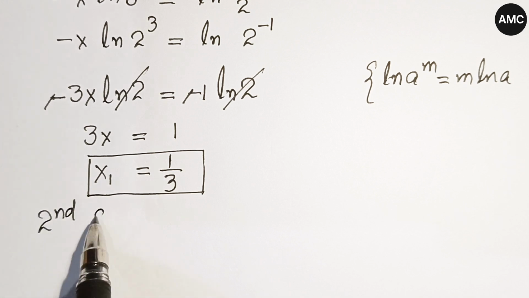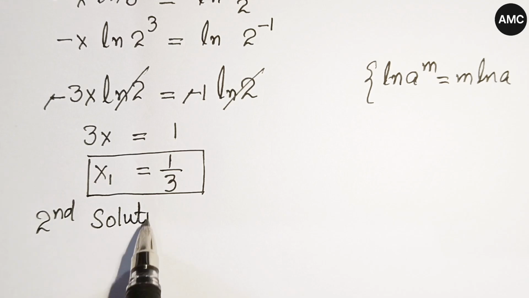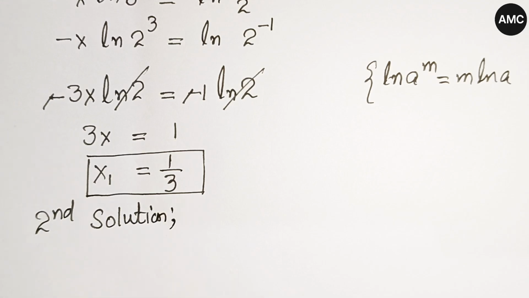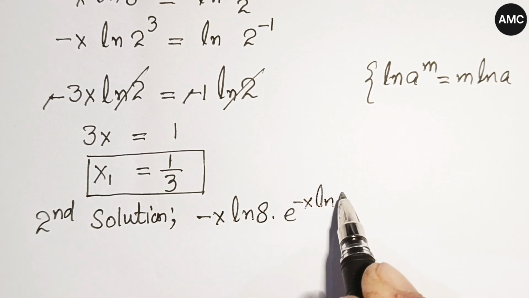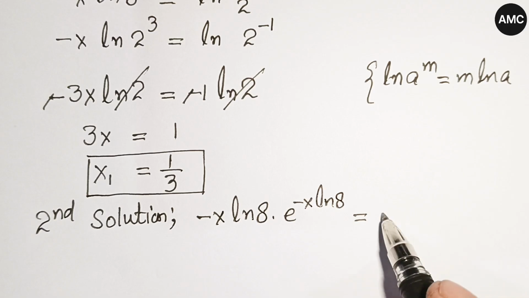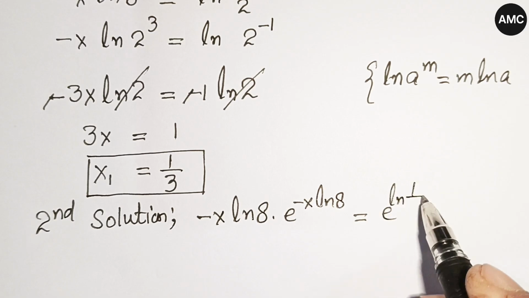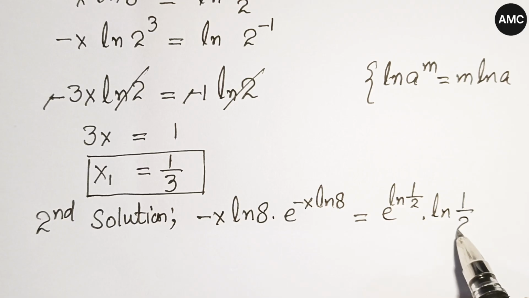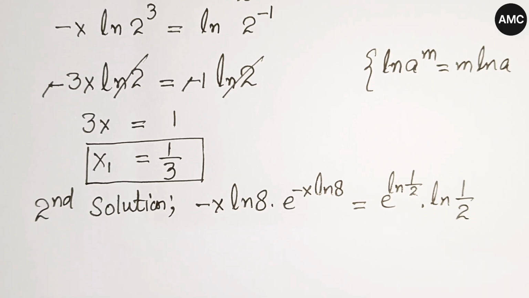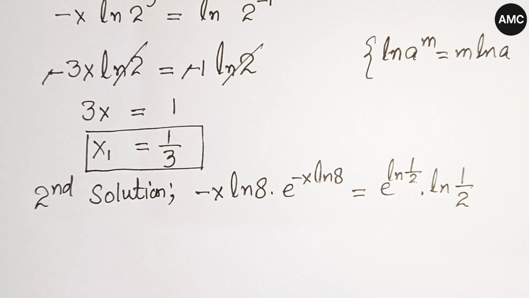For the second solution we use the above equation, minus x natural log of 8 times e to the power minus x natural log of 8 is equal to e to the power natural log of 1 over 2 times natural log of 1 over 2. So here we have this equation.